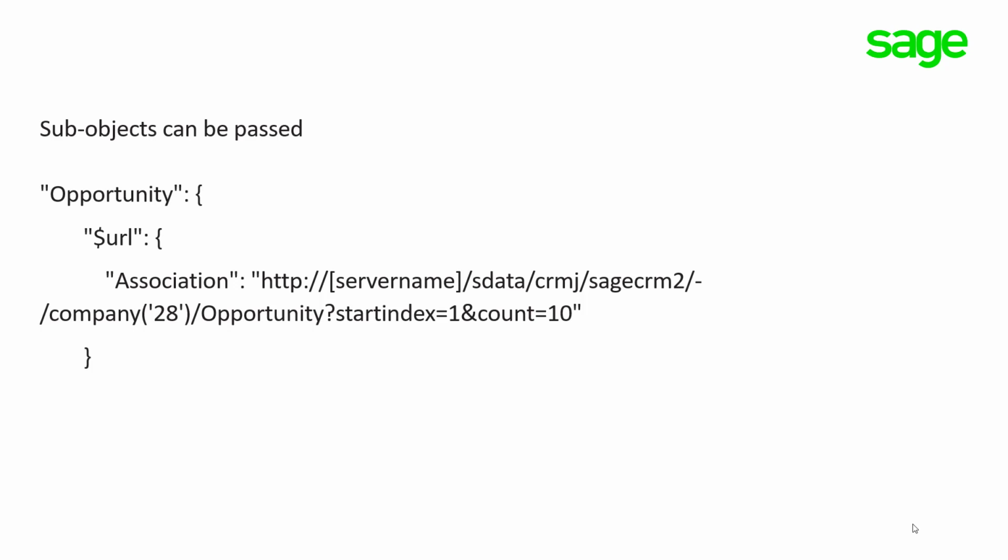The only restriction is that within the set the names are unique, and the name content pairs are separated by a comma and enclosed by these curly brackets as well. And as you can see, we're passing here a sub-object, which in this case is within here a property called association. All the properties and members of an object and all of the sub-objects are unordered and identified only by name.